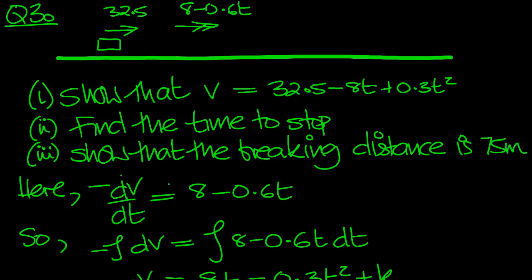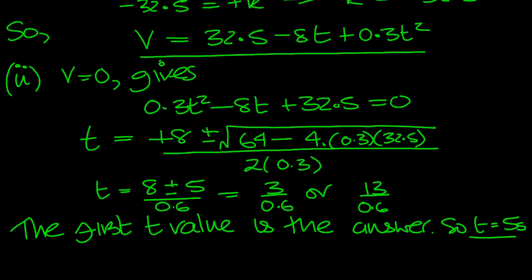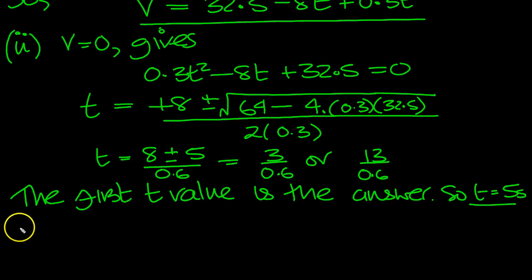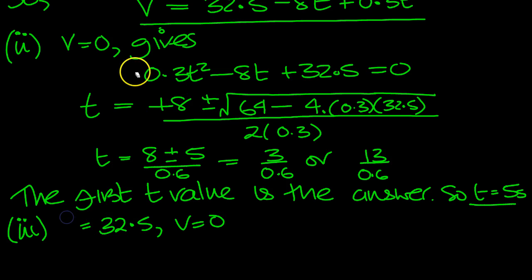Show the braking distance is 75 meters. So part 3. What did we get? It starts with 32.5. Its final speed is 0, so this was the initial speed, which we can label as u.